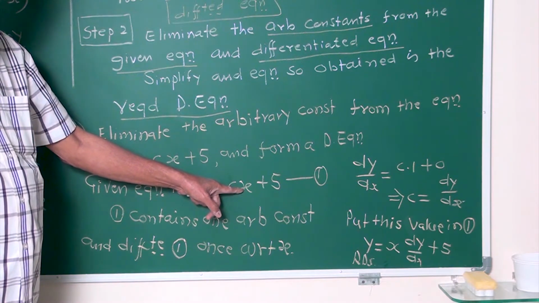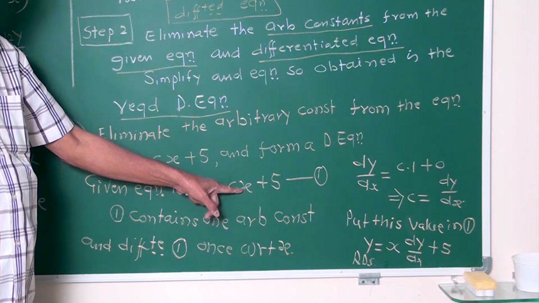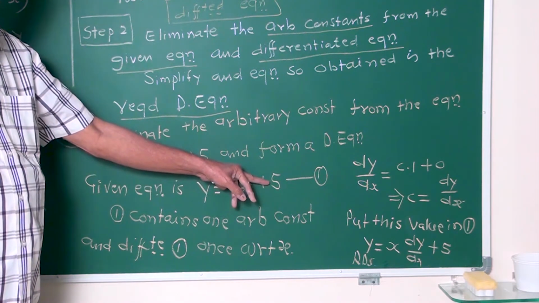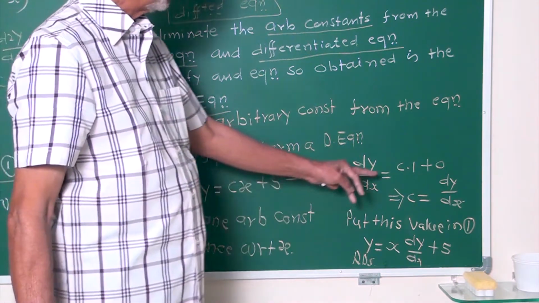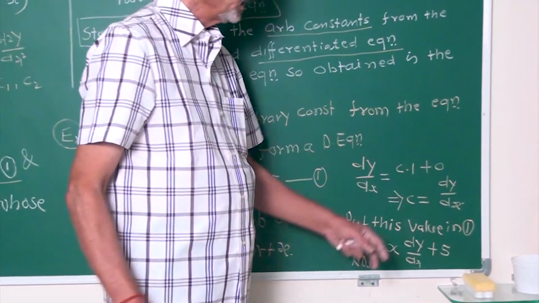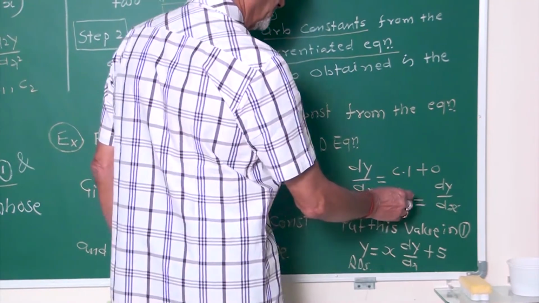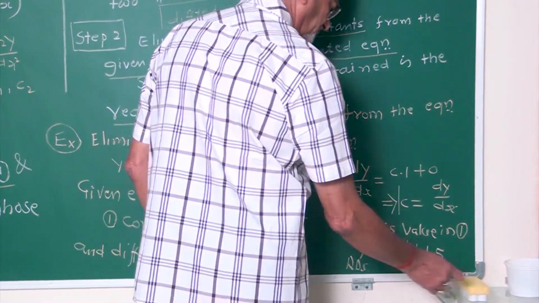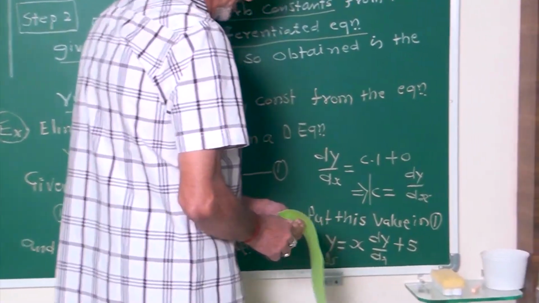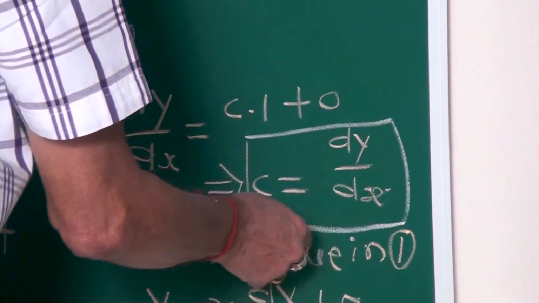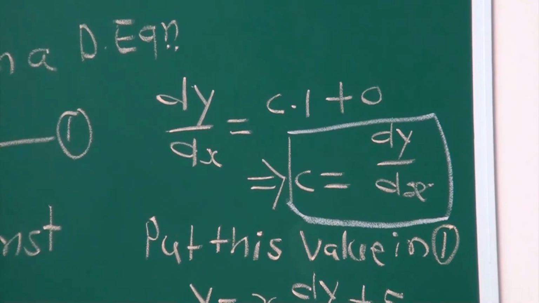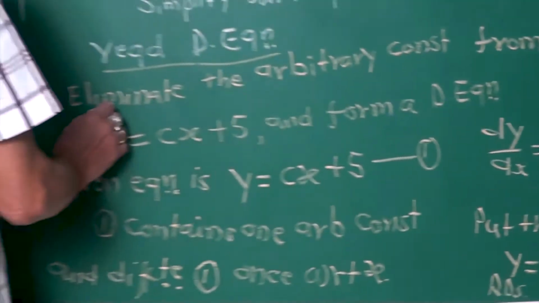You know, in general, derivative of kx is k, so cx gives c. 5 being a constant, its derivative is 0. Therefore, you have c equal to dy by dx. My friends, this is the differentiated equation. And what is the given equation? This is your given equation.